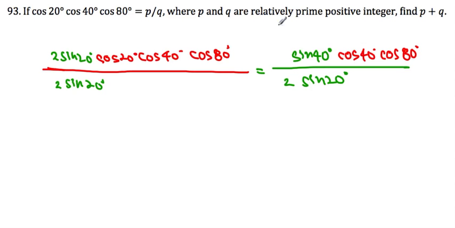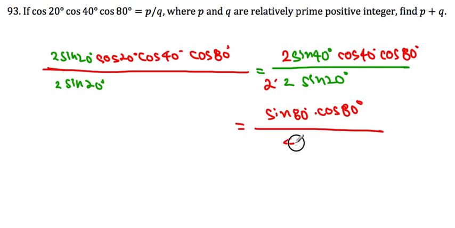But here, what do I realize? I can multiply top and bottom by 2. Then the first 2 factors become sine of 80, so here we get sine of 80 times cosine of 80 degrees all over 4 sine of 20.